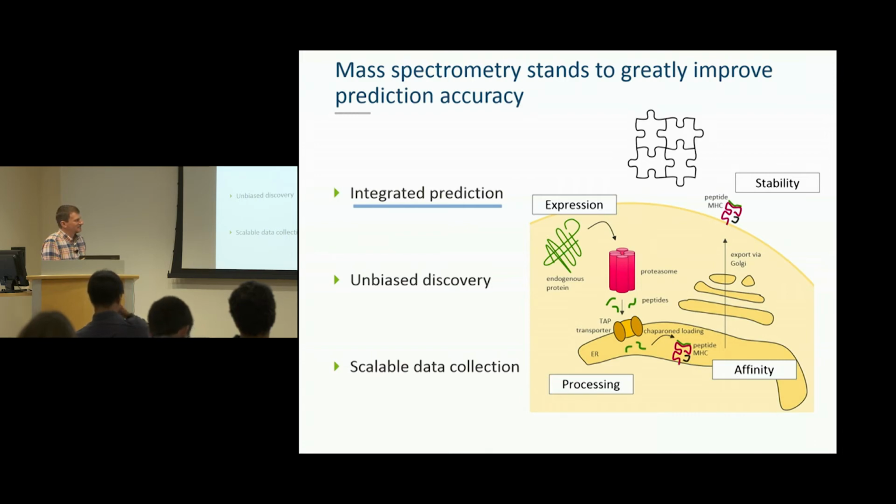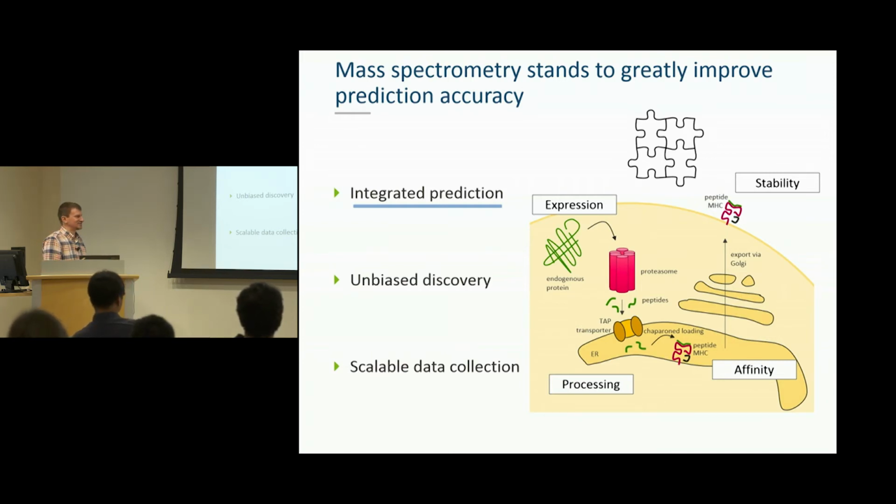We know that there's some efficiency with which these peptides are transported into the ER. That probably contributes. There's some efficiency with which these things are chopped up into pieces. There's, of course, the binding affinity, which is the piece we probably know the most about. And then there's also the stability of these peptide MHC complexes on the surface. All these things have to work to a certain degree for the peptides to be presented and available for T cells, but we don't really have a good sense for how these things all weigh together.